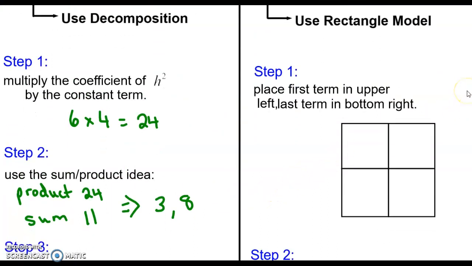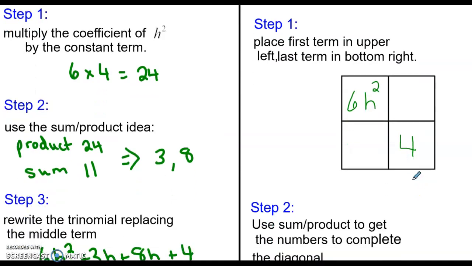So in the rectangle model, we do the same thing. We have to find numbers that multiply to give us 24 and add to give us 11. So first of all, we're going to put our 6h squared in the first square and our 4 in the last square.